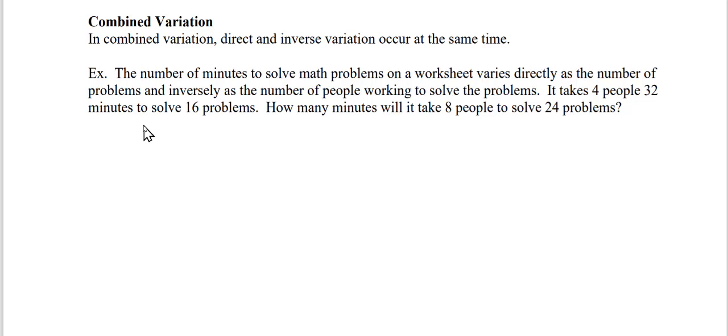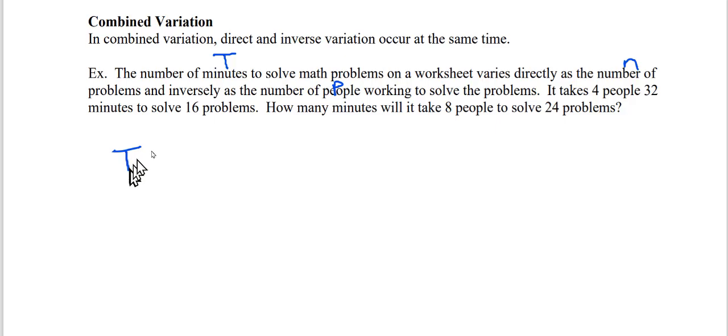We need to give some letters to each of the variables here. The number of minutes to solve math problems on a worksheet, I'm going to call that T for time. The number of problems, let's call that N for number, and the number of people, can we call that P?